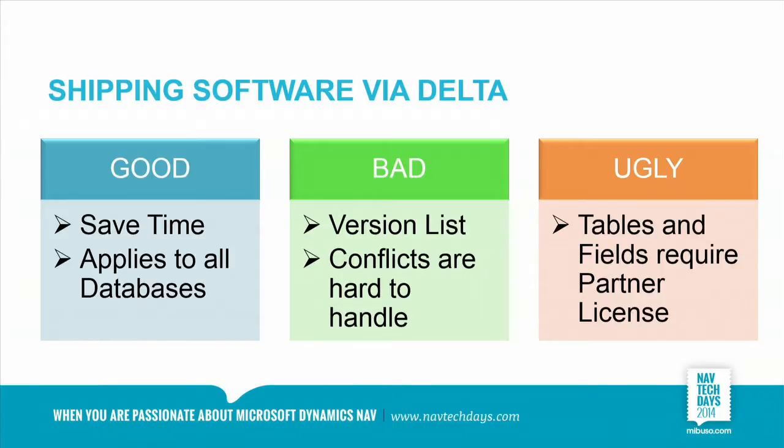There is some ugly that we are talking to Microsoft, to Michael, about. If you ship a new table or a new field as a delta file, the delta file is actually just the object file, but the current situation is that the object designer, the application development, does not allow you to add any objects outside of your license range.